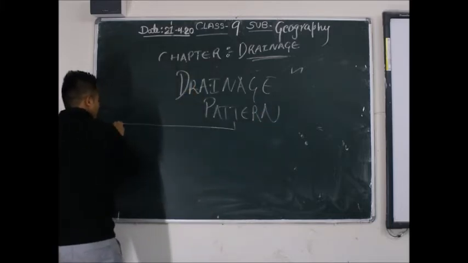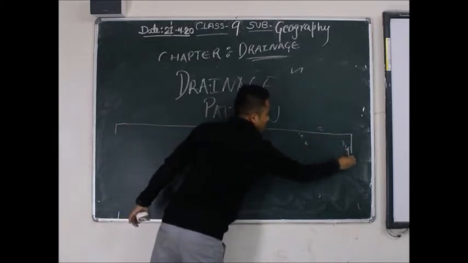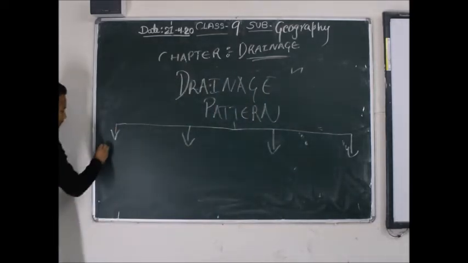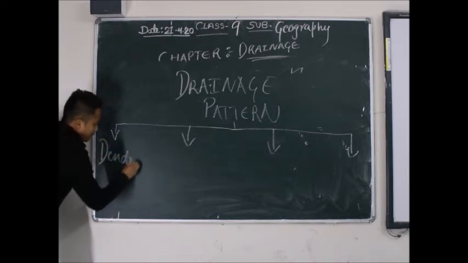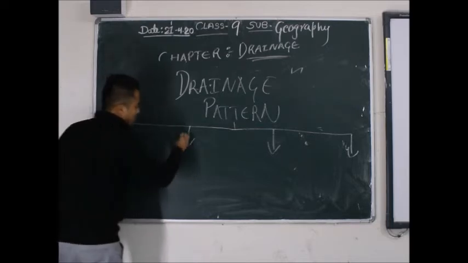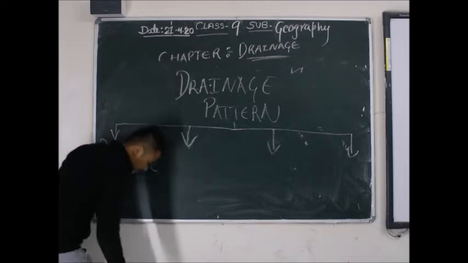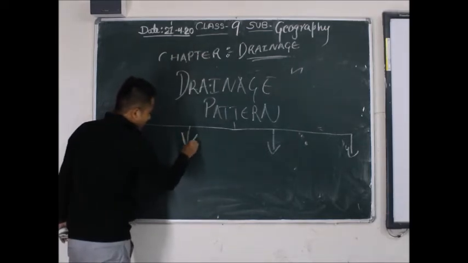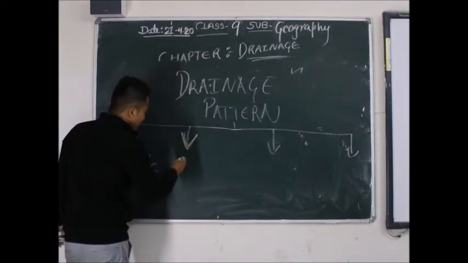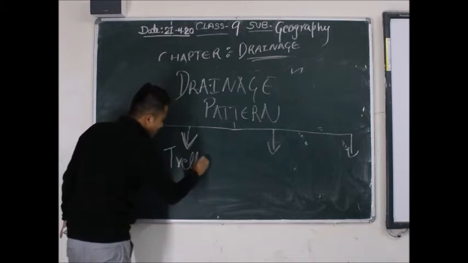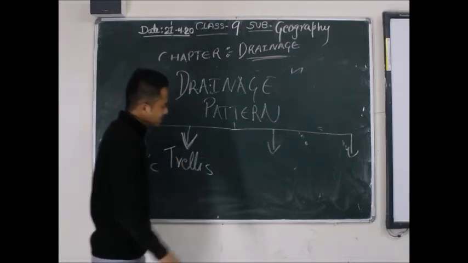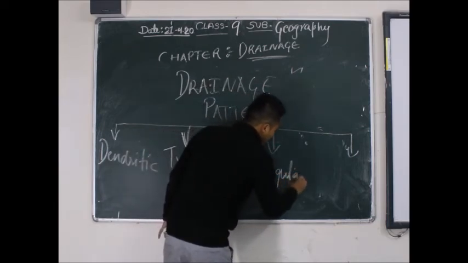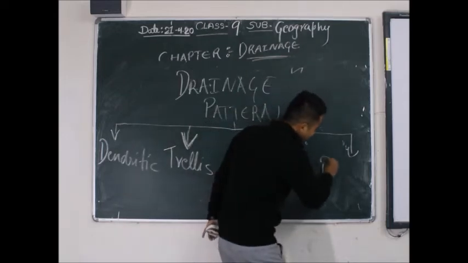Drainage patterns are divided into four types. Number 1 is the dendritic pattern. Number 2 is the trellis pattern. Then the rectangular pattern, and the last one is the radial pattern.